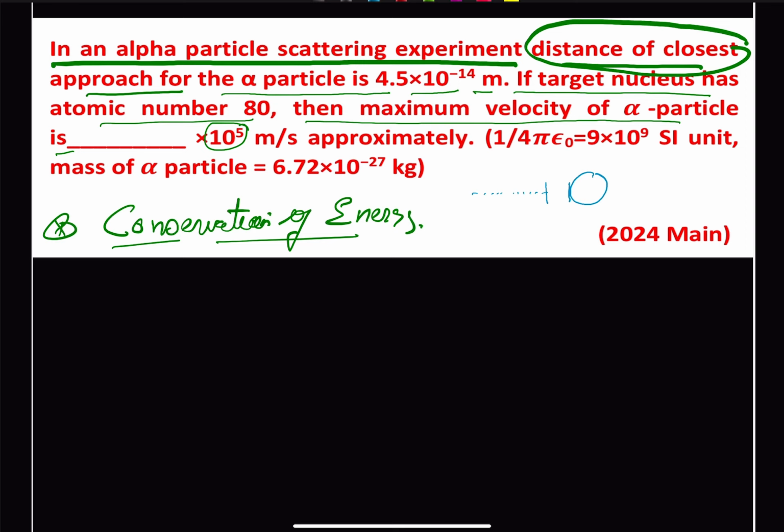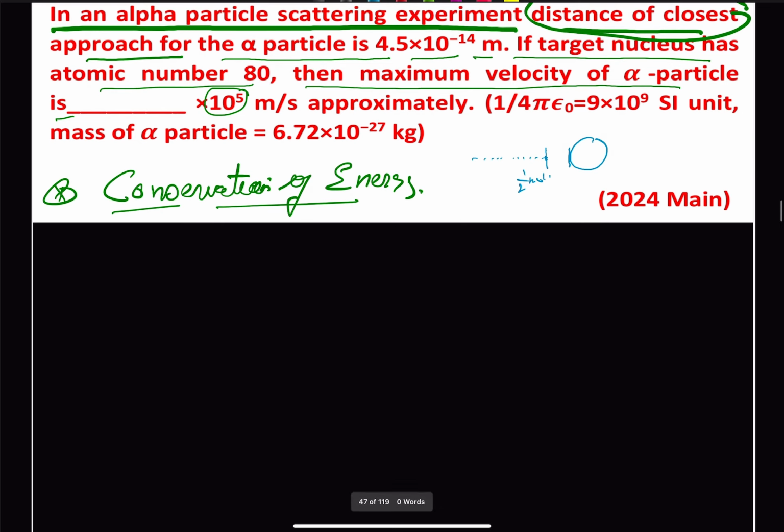And suppose it is moving with the velocity v, so its kinetic energy just before the distance of closest approach is suppose our half mv square, and at this closest approach it is going to give us a electrostatic potential energy. Okay. So we can use just the conservation of energy.